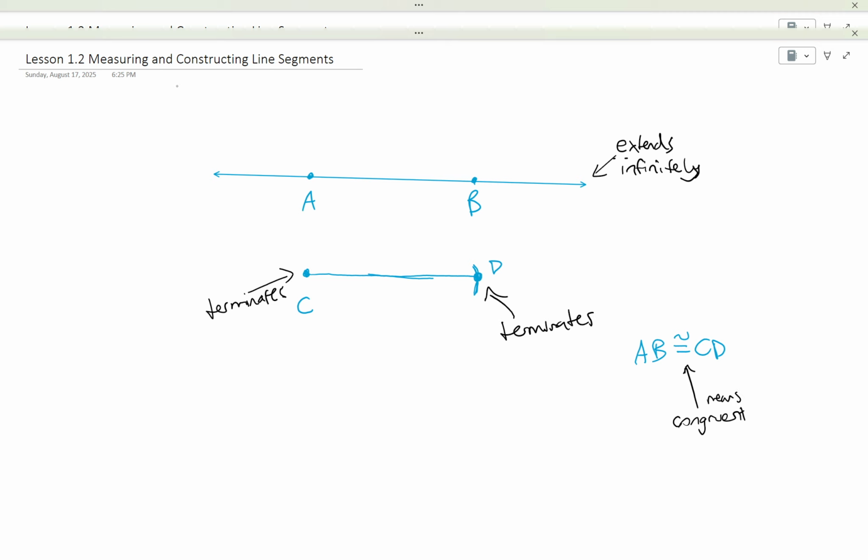That's part of our notation. AB and CD are congruent, meaning, as I said before, that these have the same measure. That's all it means. So AB has the same measure as CD.